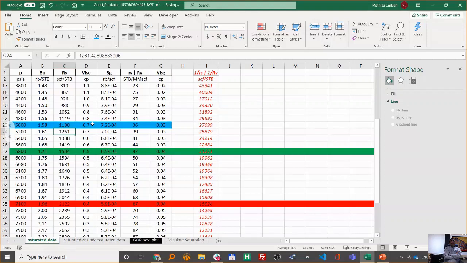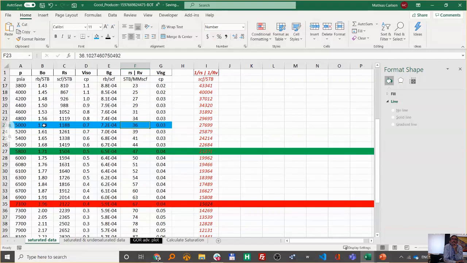That means that we have actually an oil saturation and a gas saturation in the reservoir. So here we have an oil at 5,000 psi with 1.58 in formation volume factor and a solution GOR of around 1,200. And similarly on the gas side we have a BGD and a RS of 36 barrels per million.